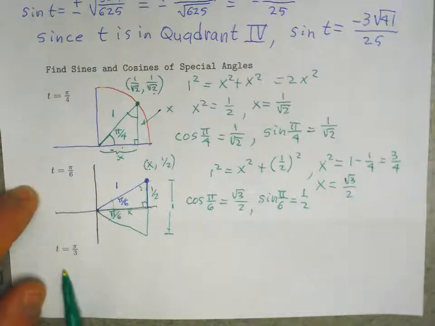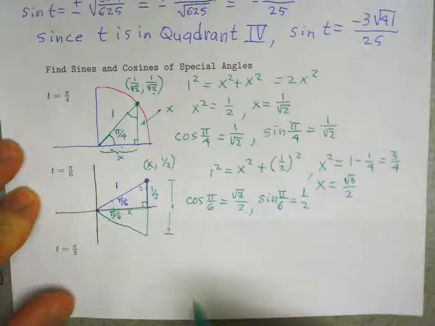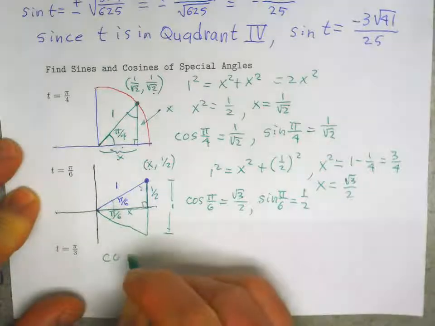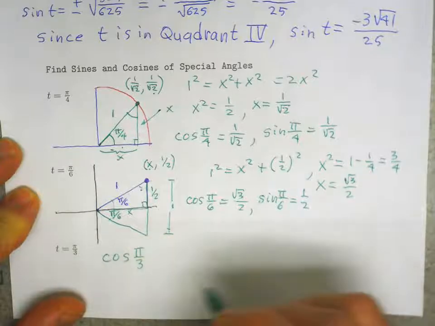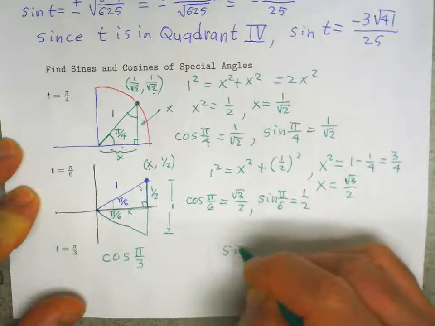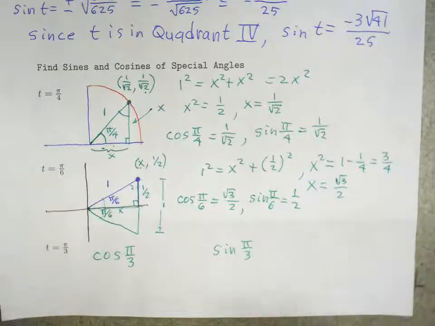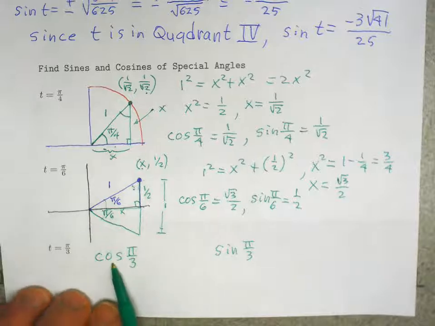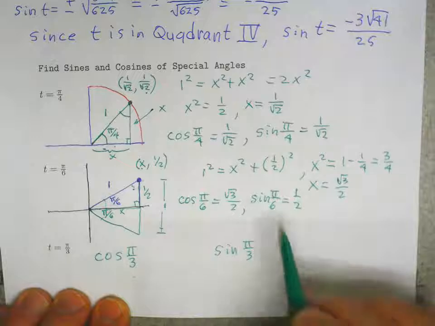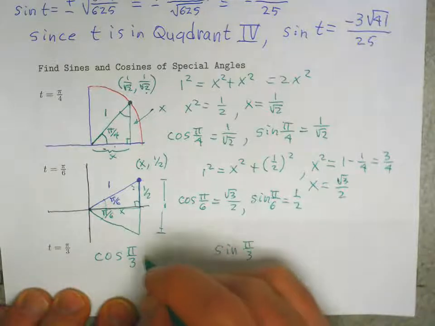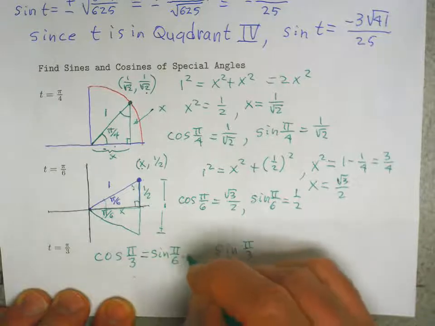I'll save you the misery of going through another derivation, but we'll at least write down cosine of pi over 3 and sine of pi over 3. I'll remind you of something we talked about yesterday. Cosine of pi over 3 is equal to sine of pi over 6, which is equal to 1/2.